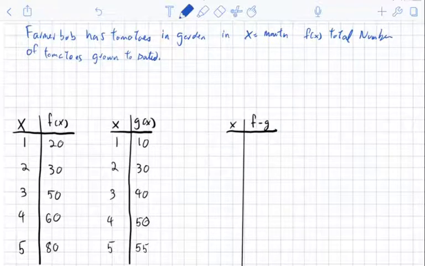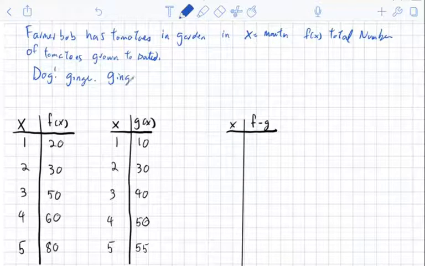Which is fine, except that he has a dog. His dog is named Ginger. Ginger eats tomatoes.